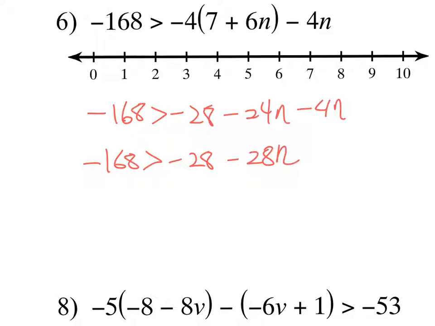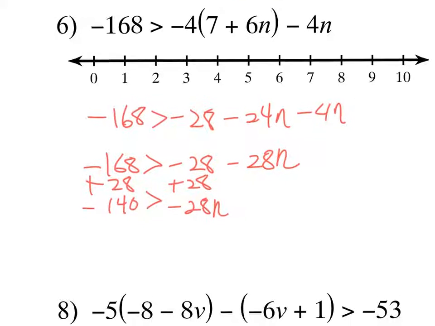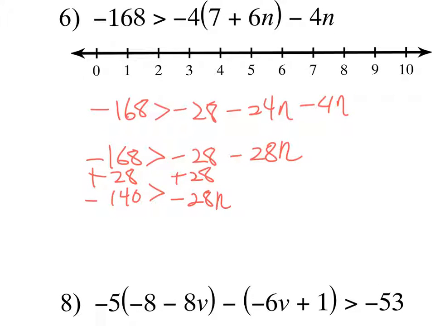So if we add 28 to both sides, we'll have negative 140 is negative 28n, and we have n here on the right side, and we divided by negative 28, so that's where our flip happens.